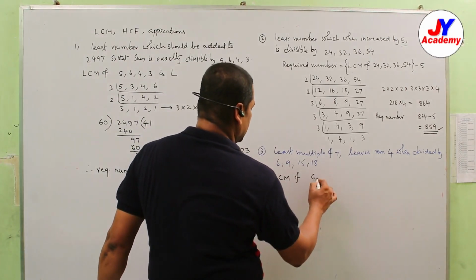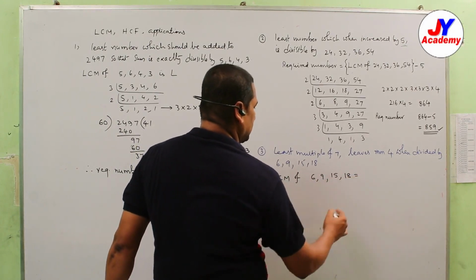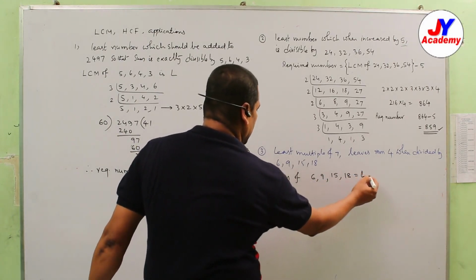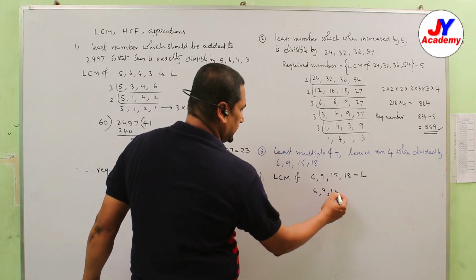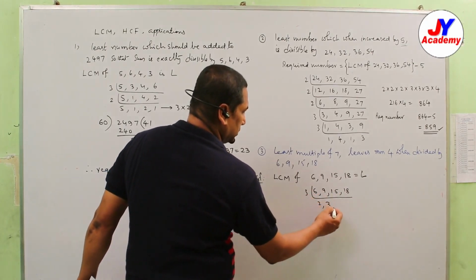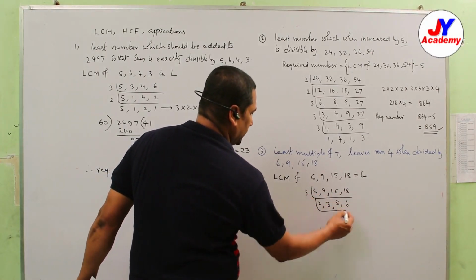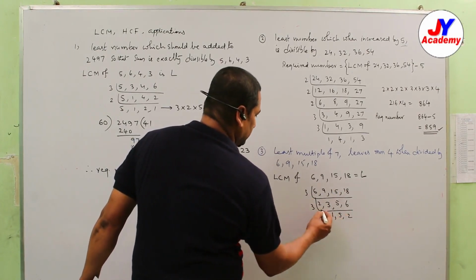First of all, LCM of 6, 9, 15, 18 is equal to L. So first we have to find that for 6, 9, 15, 18. All 4 in the 3 table: 2, 3, 5, 6. Again 2, 1, 5, 2.